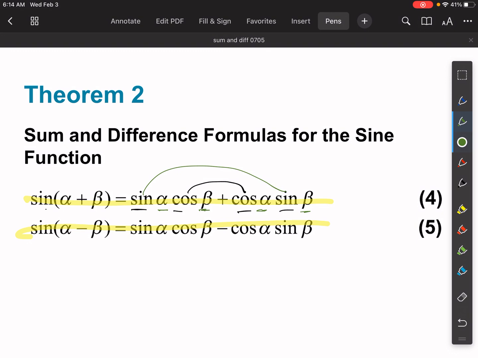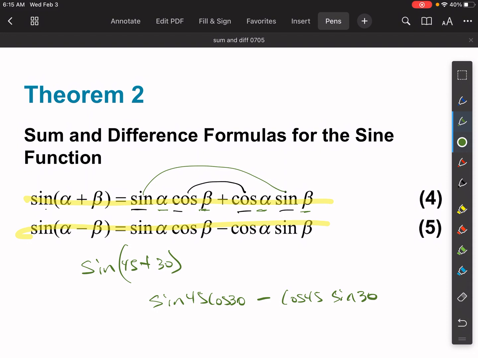So say we have the sine of 45 degrees plus 30 degrees. What that would end up being is sine of 45 cosine of 30 minus cosine of 45 sine of 30.